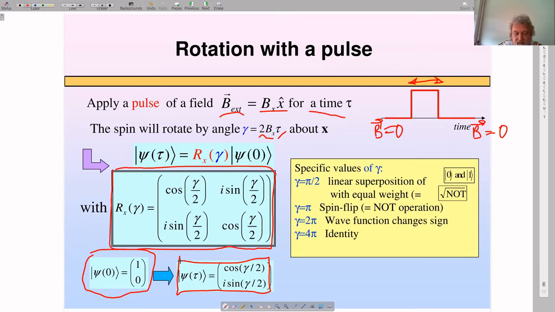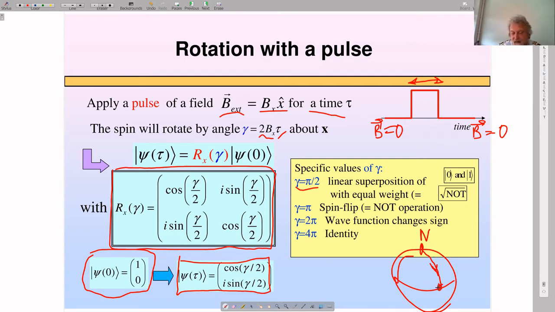Right, so for instance, if gamma is pi over 2, let me sketch the Bloch sphere quickly. Then we go, for instance, from the North Pole, rotation by pi over 2. We go to the equator.